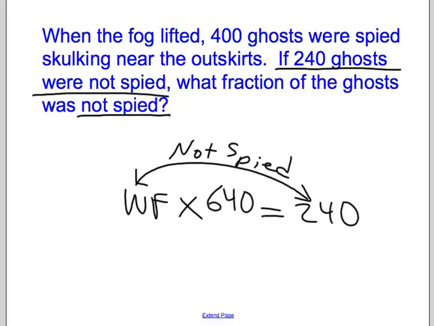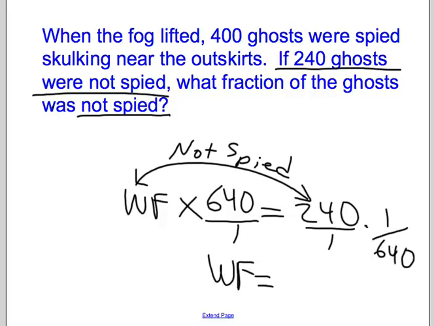And to find the fraction then, we can write 640 over 1 and 240 over 1 and multiply by the reciprocal of which one? The reciprocal is 640 over 1, so 1 over 640. We want the fraction, so don't actually divide this out on a calculator.